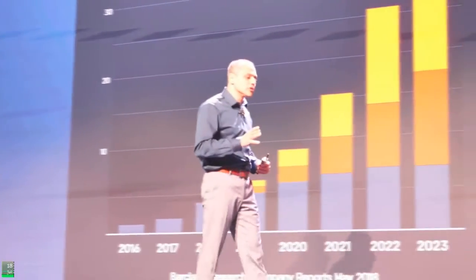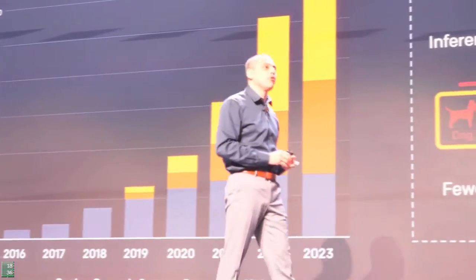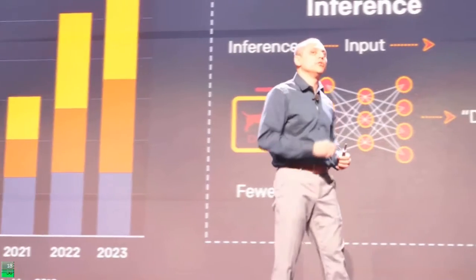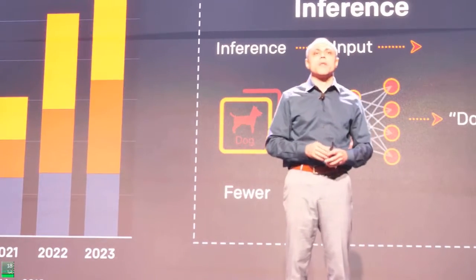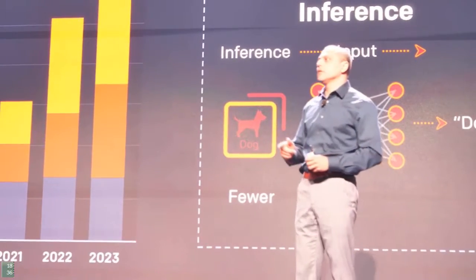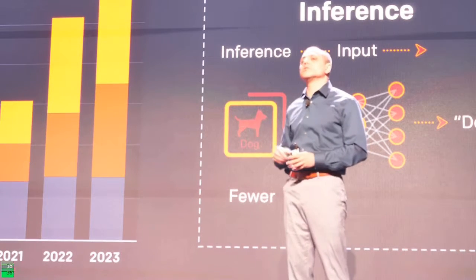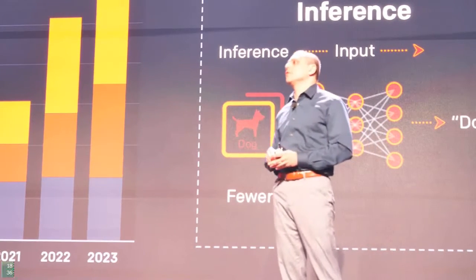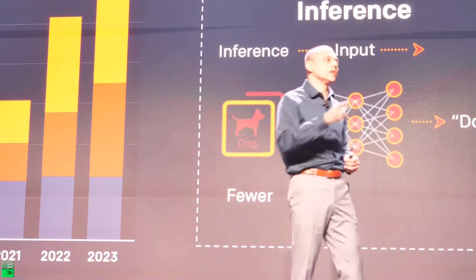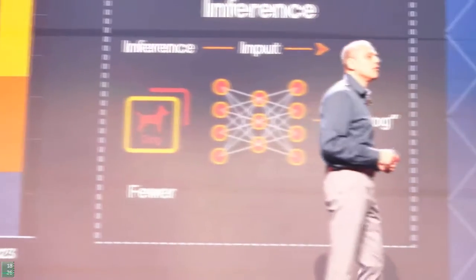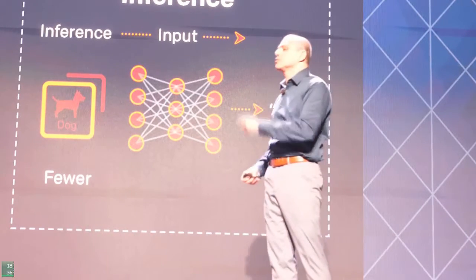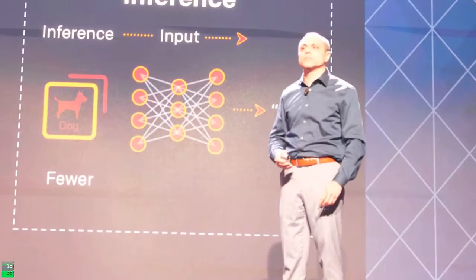And the world has focused on training because we were inventing AI models, and we are inventing the applications where AI could be used. But going forward, the growth is in inference. Because all these AI models have to be deployed now in these applications, either in the cloud or on the edge. And Xilinx is focused on inference.